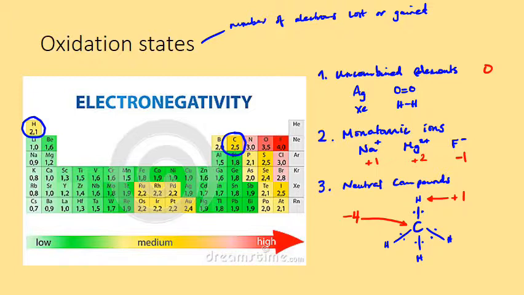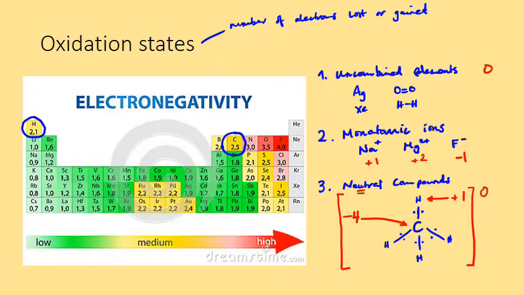So what you can clearly see overall is that you've got 1 carbon at -4 and you've got 4 hydrogens at +1. So overall the methane has an oxidation state of 0, and that's implied by the name neutral compounds.